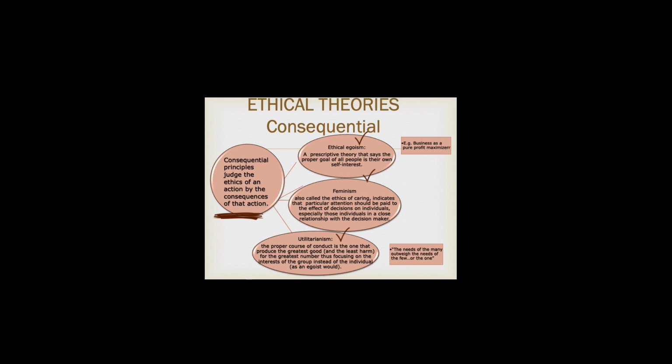Thus, that focuses on the interests of the group instead of the individual, as an egoist would do. So again, when we look at ethical egoism, it's like the business looking at what's in that particular business's best interest. In utilitarianism, the framework is broader. What would work in the best interests of the group as a whole?